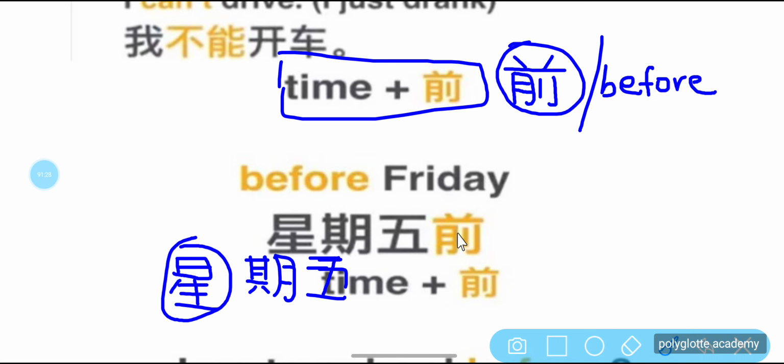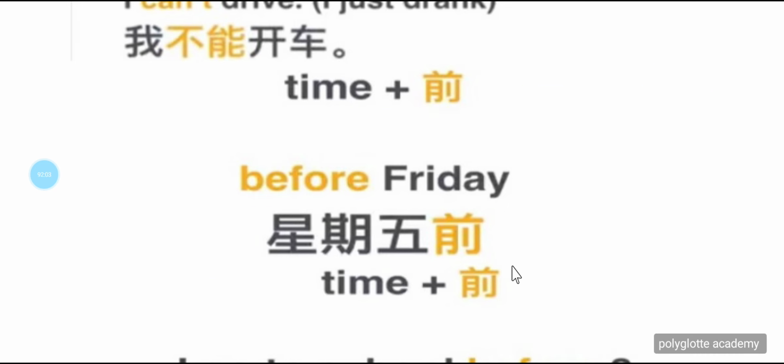Then we have qian. Xingqi wu qian, before Friday. So we are just writing the characters 星期五前, which means before Friday.